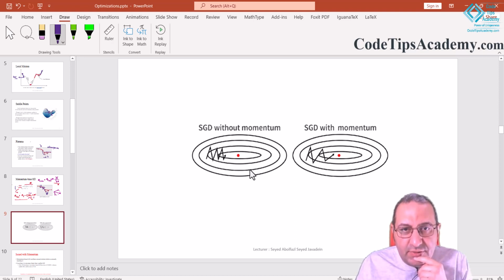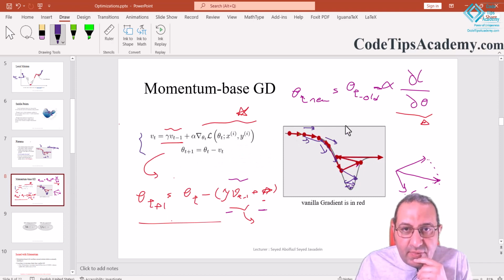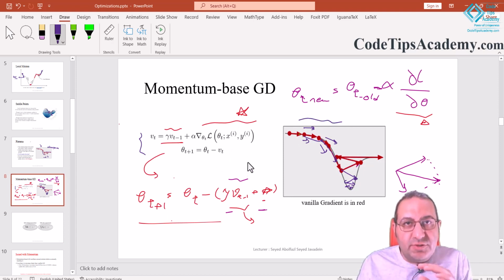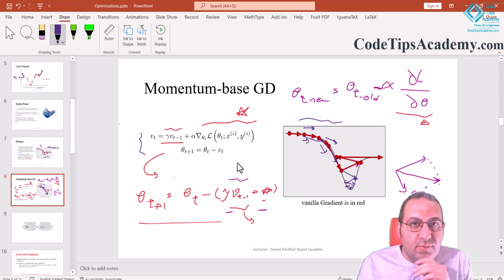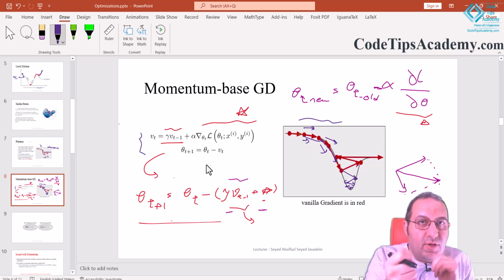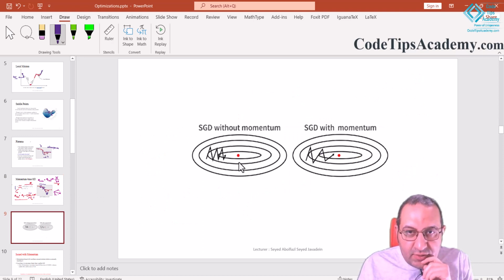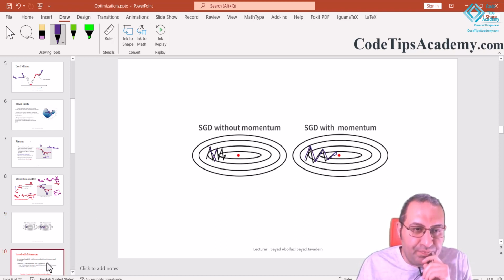It means that we can reach faster. In the starting points, in the points that are flat, we have a larger step, and we can reach the minimum value faster. As you can see here, at the global minimum we have this, but before it you can see larger steps in the direction of the global minimum.